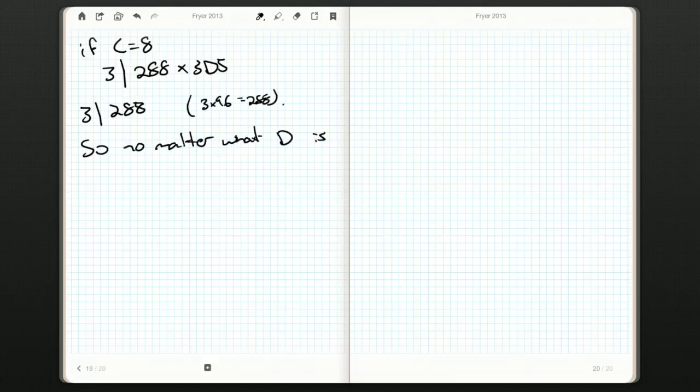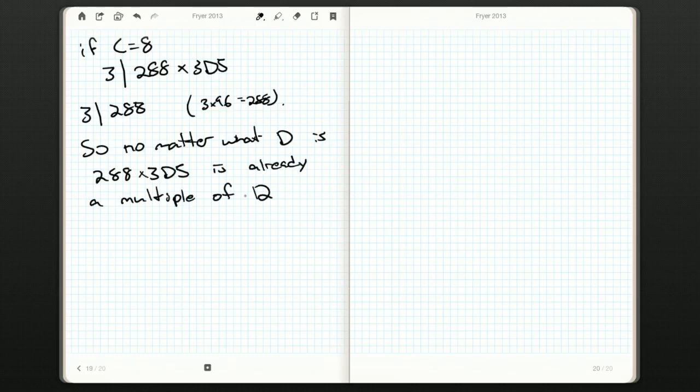So no matter what value of d we have, this product, 288 times 3d5, is already divisible by 12.